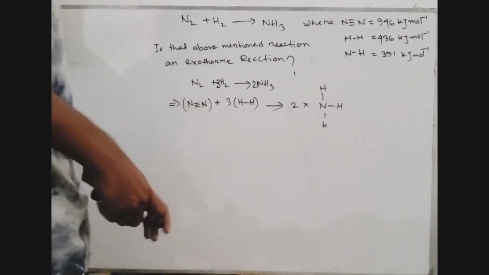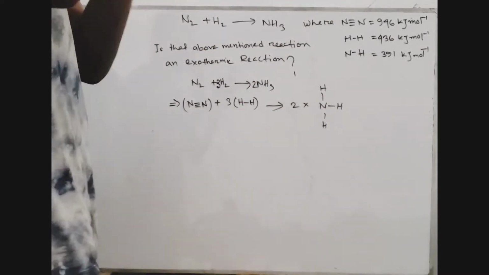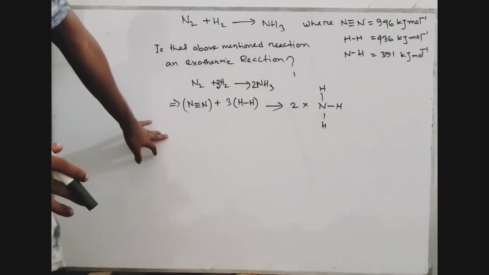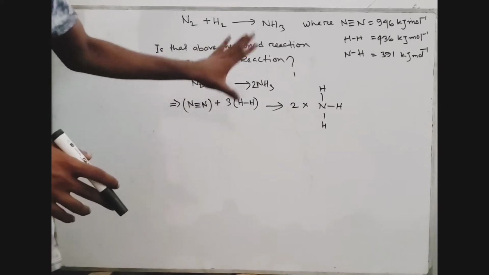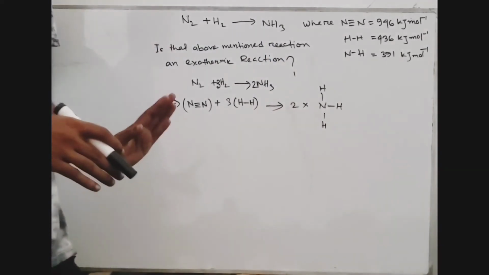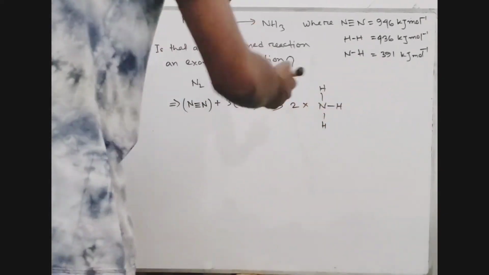You are noticing that? And now we are going to divide it into 2 parts. The first segment is the energy of breaking down the reactants, and the second segment is for building up the compound.